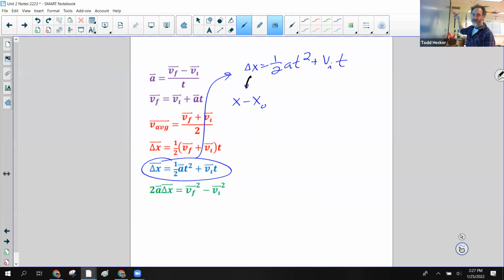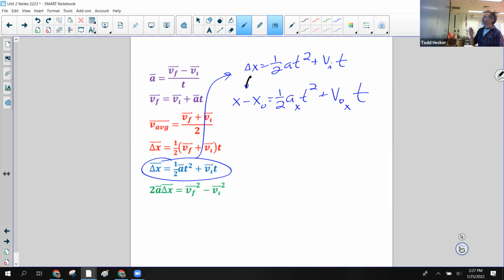Final minus initial: x minus x naught equals 1/2 acceleration along the x-axis times t squared plus v i becomes v naught along the x-axis times t. Hopefully you can see those two equations are basically the same thing.